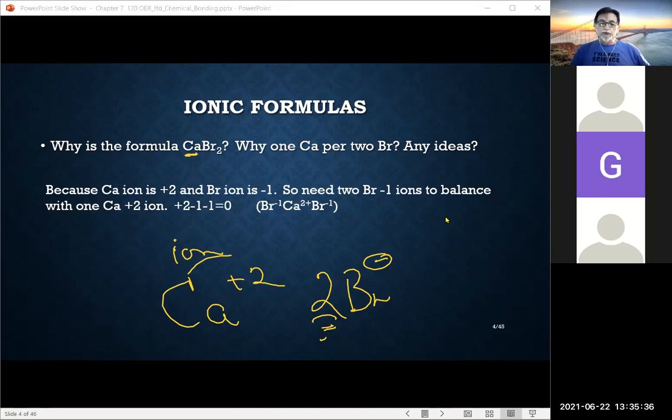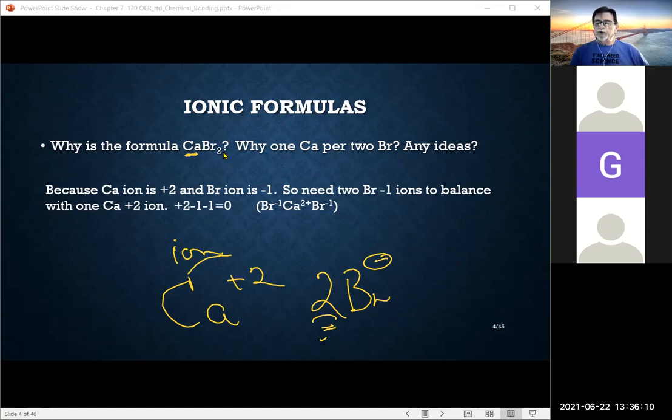And to write the formula for any type of reaction calcium bromide might be doing, you first put them in ionic form such that you know how many of each to put together so they cancel each other out. With time, obviously you learn that it's CaBr2, but in the beginning, you get into the routine of breaking them down into ions and then putting them together with the correct number of subscripts.